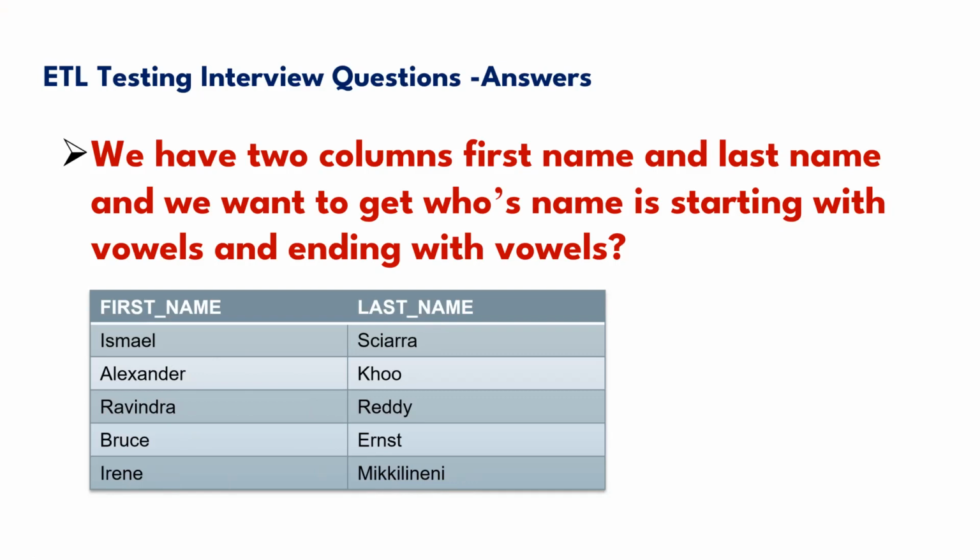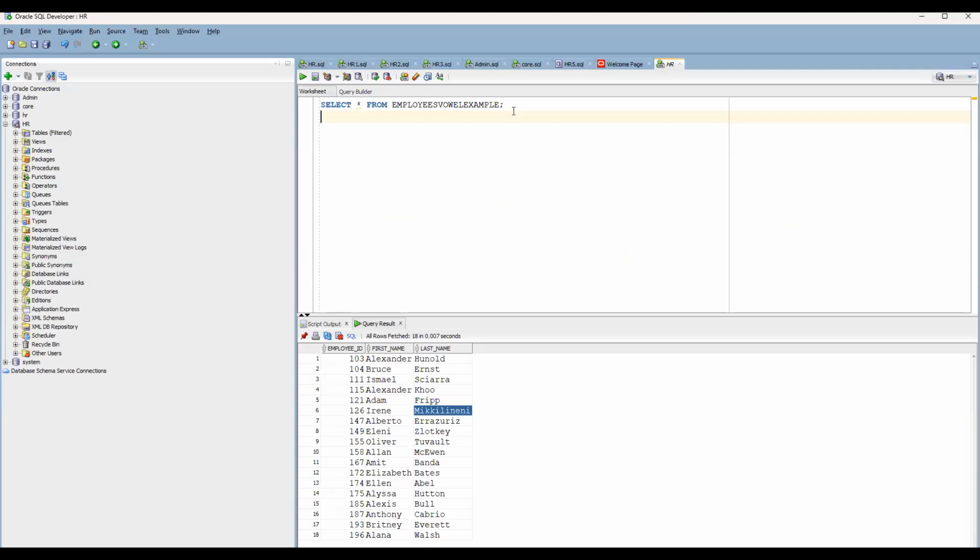What are vowels? Let's try to understand one by one. Vowels means A, E, I, O, U. What is the question they have asked?